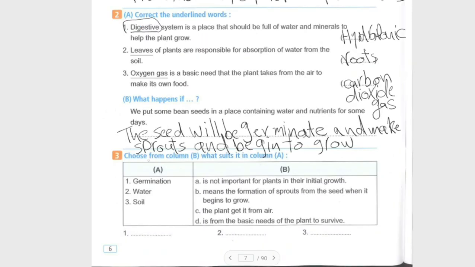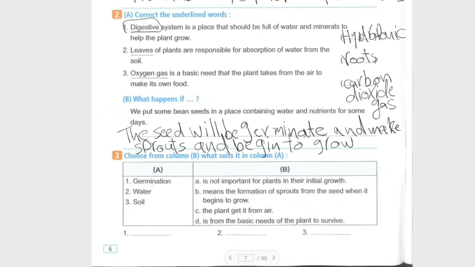Number 3 says, choose from column B what suits it in column A. Number A germination, water, soil is not important for plants in their initial growth. Means the forming of sprouts from the seed when it begins to grow. The plants get it from air. Is from the basic needs of the plant to survive.